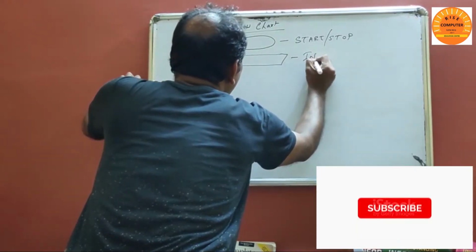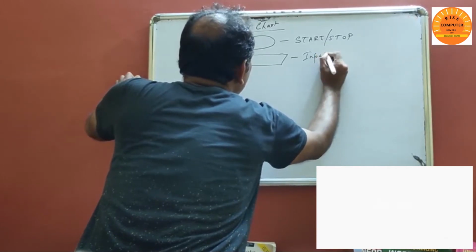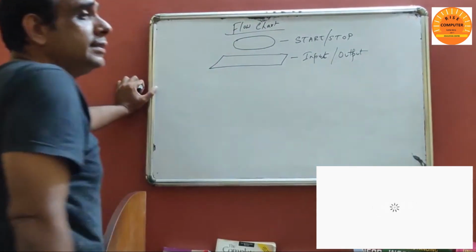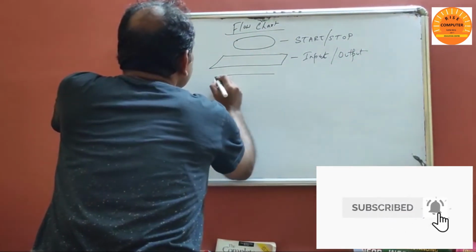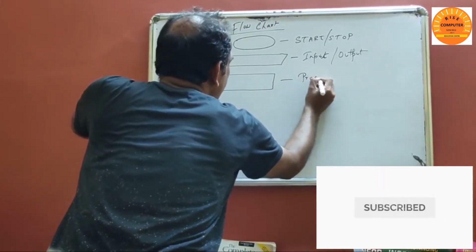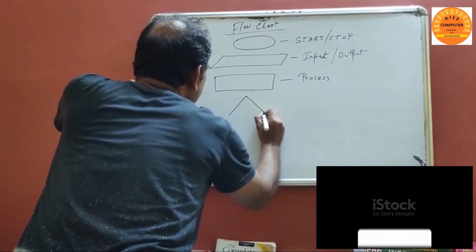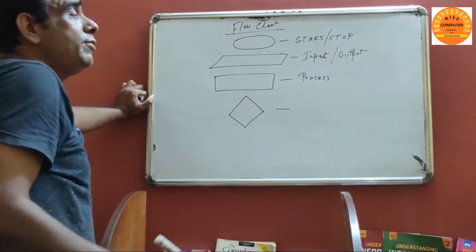This is input and output, that is read and display. This is the calculation, or you say process. This is the decision box, used in if-else.